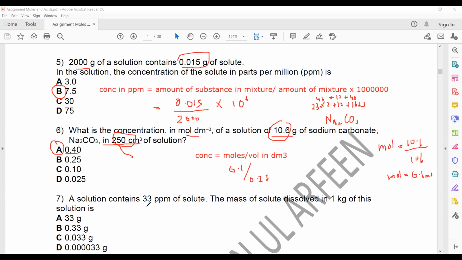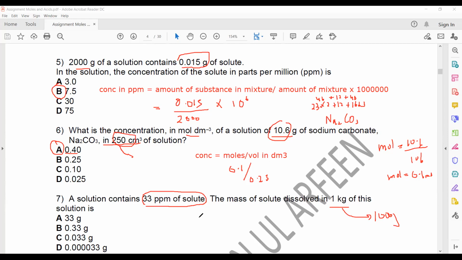A solution contains 33 ppm solute. The mass of solute dissolved in 1 kilogram, but all the answers are in grams. So 1 kilogram, or mass of a mixture, should be in gram, which is 1000.